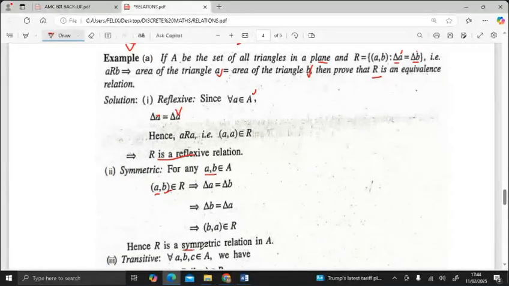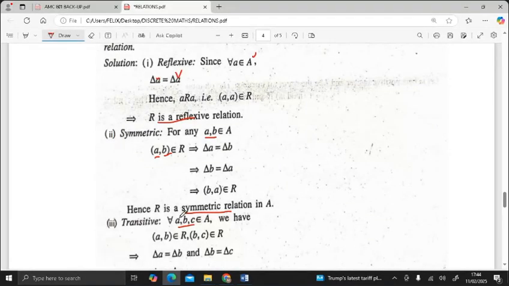So for any A, B, where area of triangle A is related to area of triangle B, our relation being equal to, there is no difference as to which one we start with. Triangle A is equal to triangle B is no different from triangle B is equal to triangle A. And therefore, B is related to A. And by that, we confirm that it is symmetric.